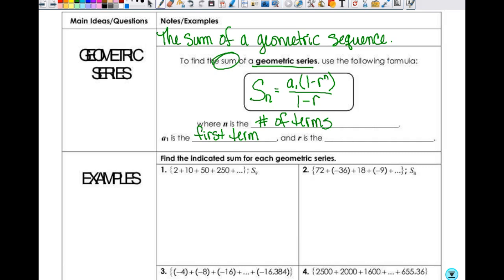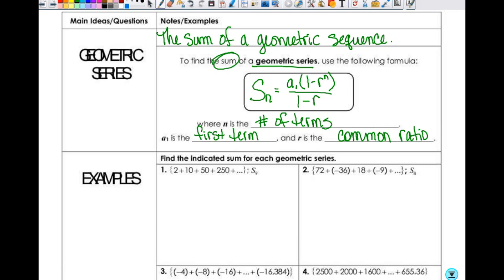A1 and n are the same in all of them, right? And r is the common ratio. It is repetitive, because when we did the geometric sequence, it said this exact same thing. So just make sure we define what's what.